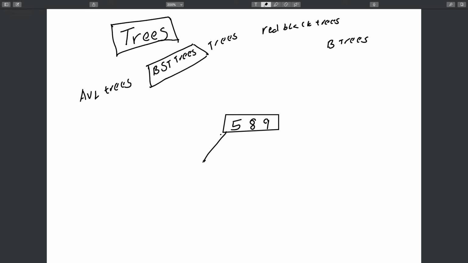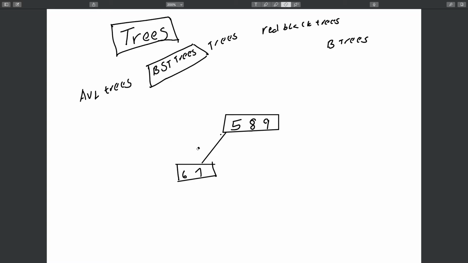And then this can have a child with another node that can have various values too. And this can have another child with another node that can have various values too. You can have a child with another node that has various values too. And so on.